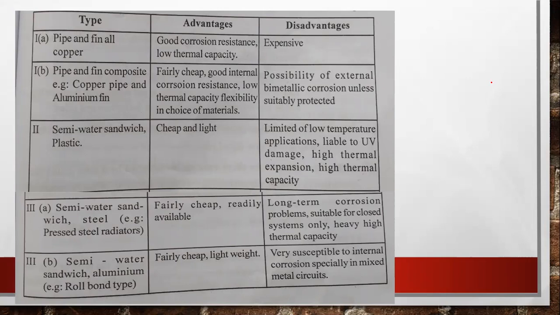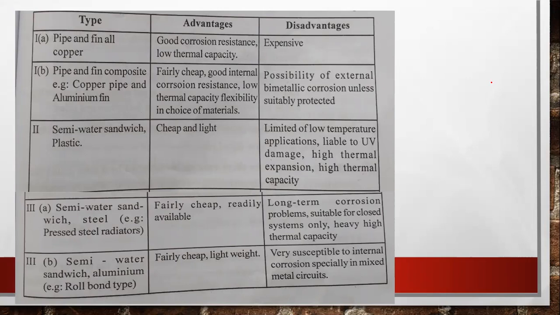Disadvantage: possibility of external metallic corrosion unless suitably protected. Now semi-water sandwich plastic is cheap and light. This is the advantage, and the disadvantages are limited low temperature application, UV damage, high thermal expansion, and thermal capacity. Semi-water sandwich steel, which we are using, is fairly cheap, which is the advantage.